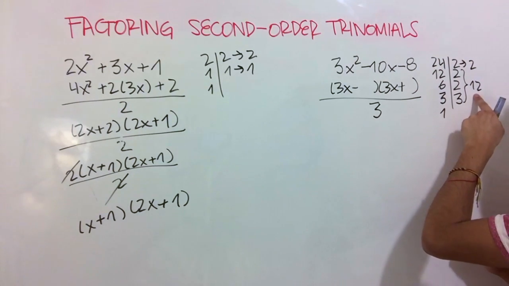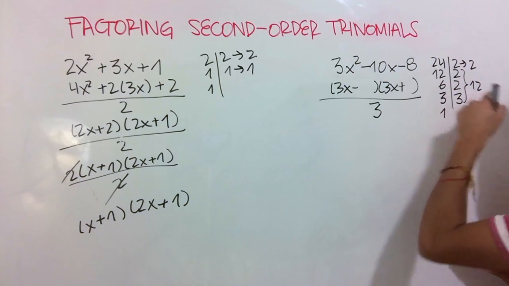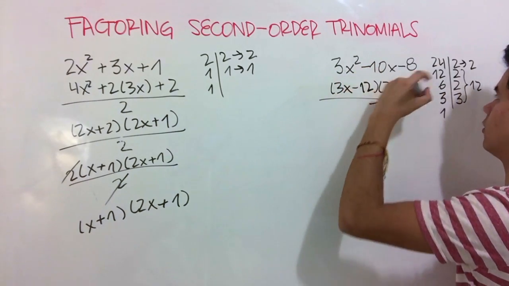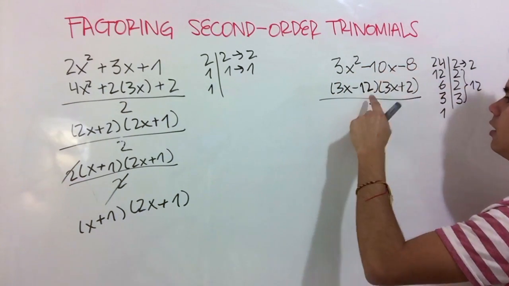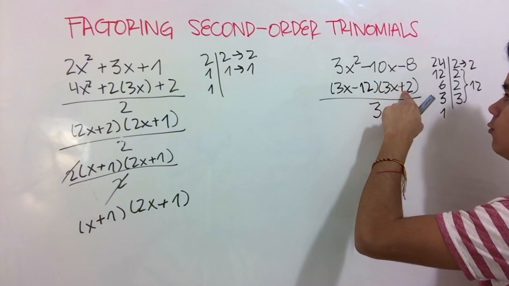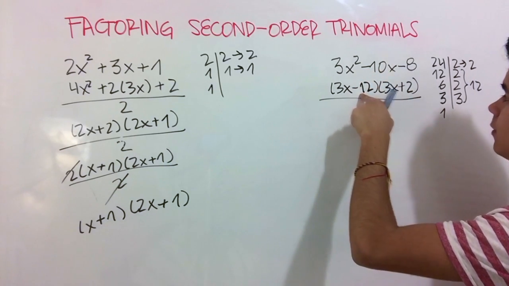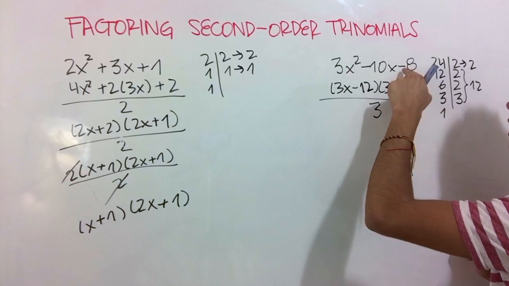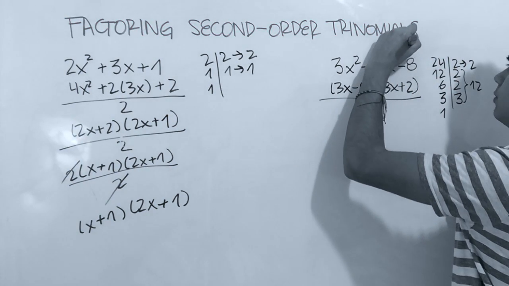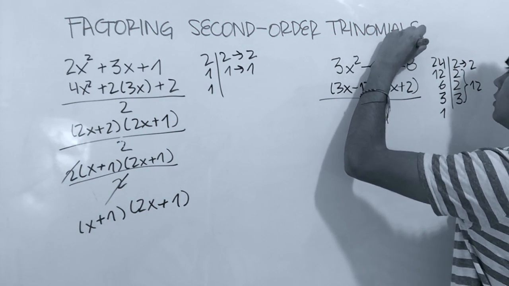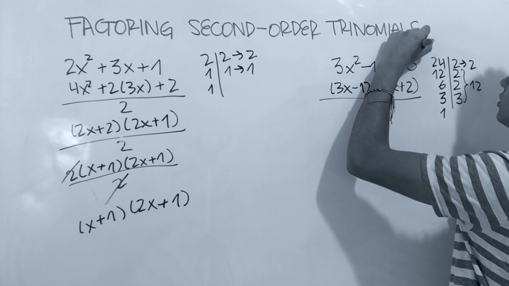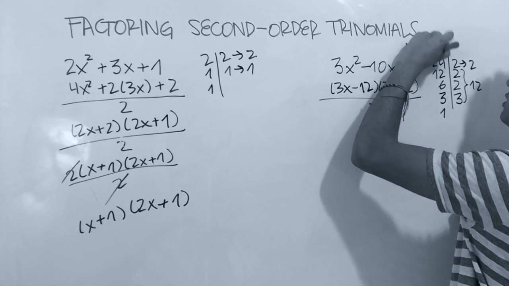Our largest number will always go in the first term, so here would be the 12, and the 2 would be here. Negative 12 plus 2 would be negative 10, and negative 12 times positive 2 would be negative 24, which is 8 times 3, equal to 24, which is this number.